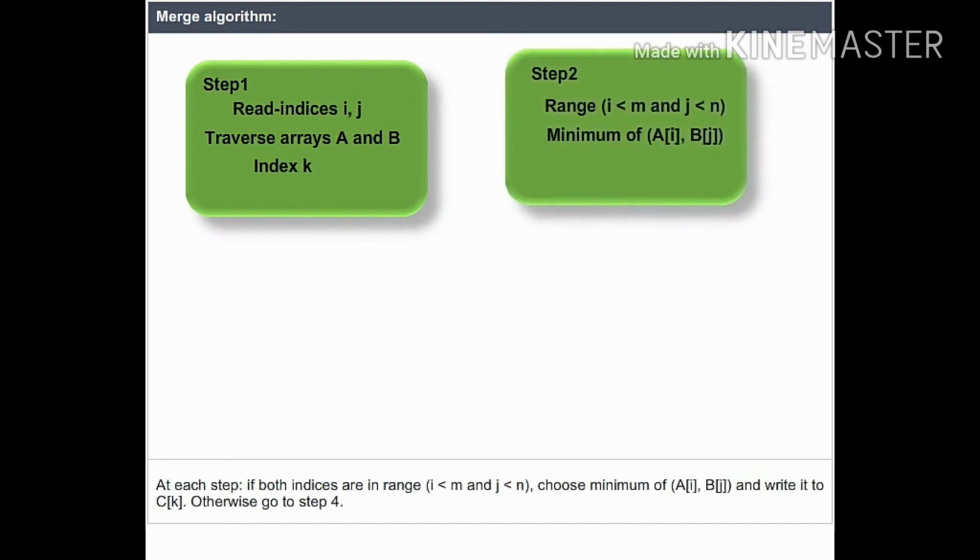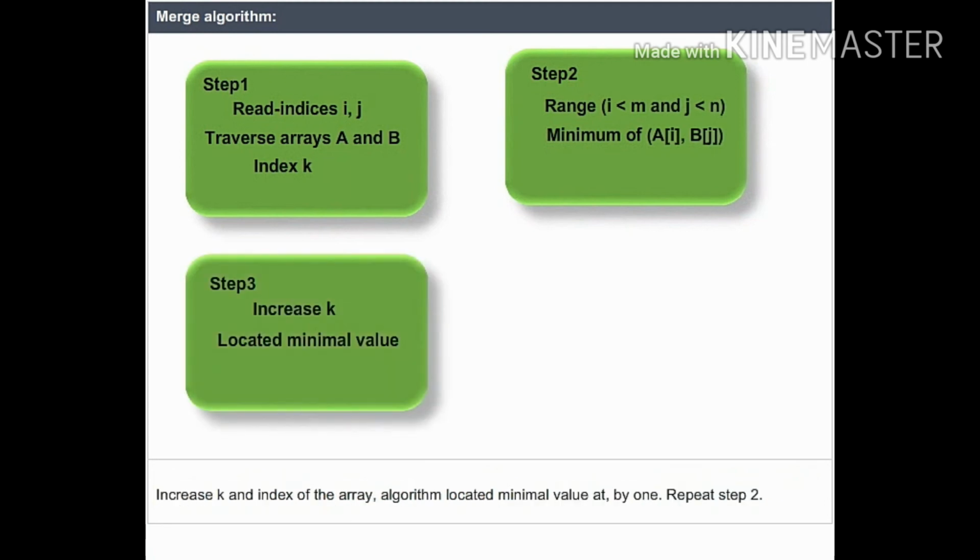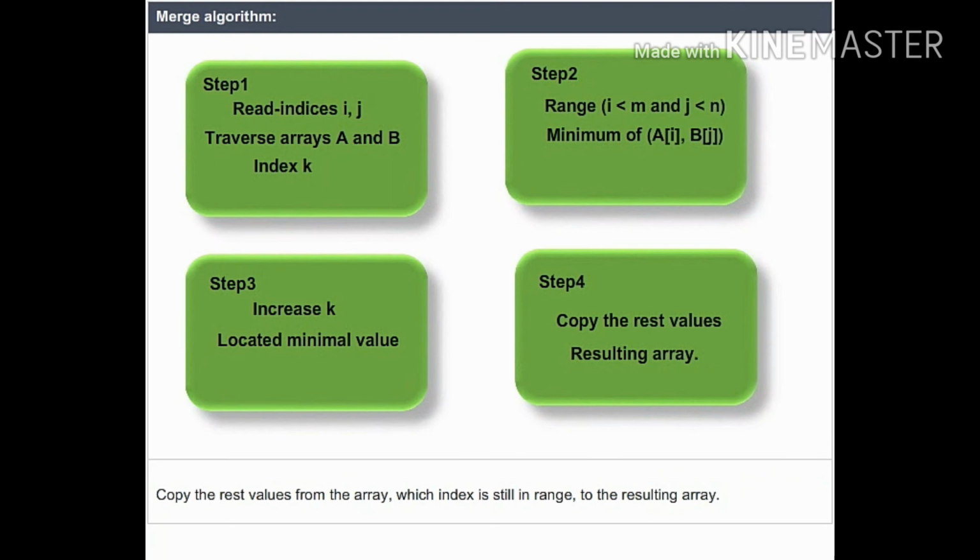At each step, if both indices are in range, I < M and J < N, choose the minimum of A[I], B[J], and write it to C[K]. Otherwise, go to step 4. Increase K, and the index of the array whose minimal value was located, by 1. Repeat step 2. Copy the rest of the values from the array whose index is still in range to the resulting array.